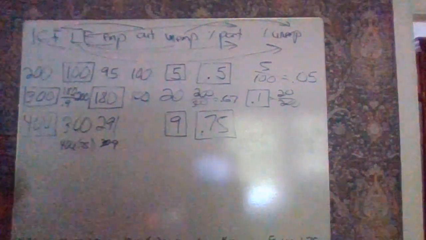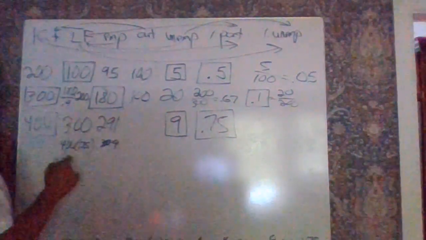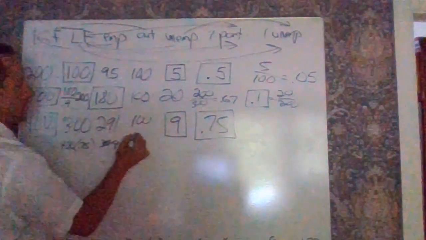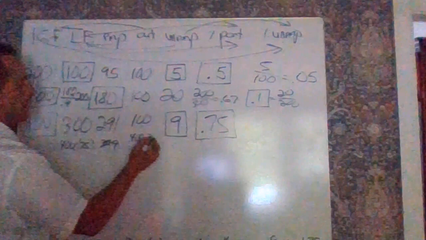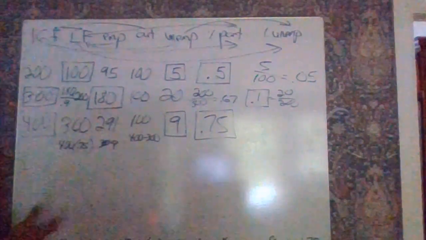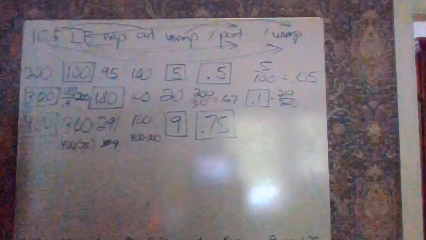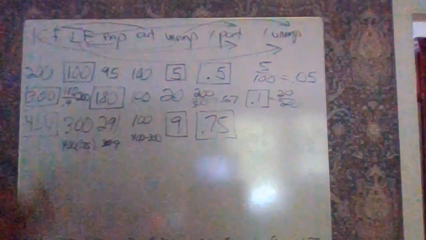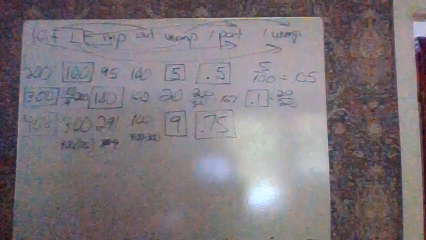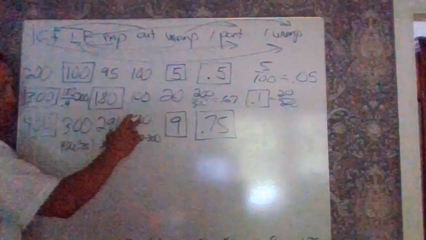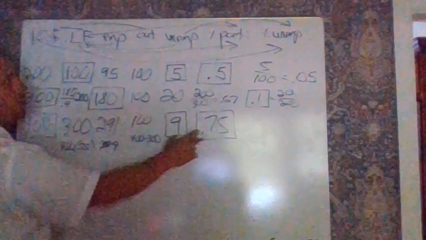And now we have out of the labor force, which is going to be 100,000, and that's 400 minus 300. I say 1,000 because unless this is a very small town, this is usually a county or a city with 100,000. Okay, so 400, 300, 291, 100, that's 9, that's 0.75.